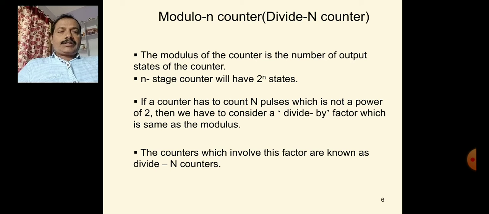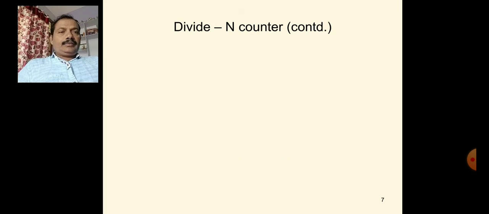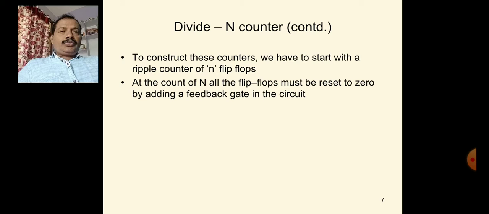So the counters which involve this factor are known as divide by n counter. So now to construct these counters, we have to start with a ripple counter of n flip-flops.